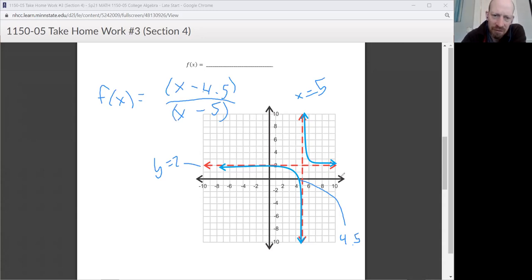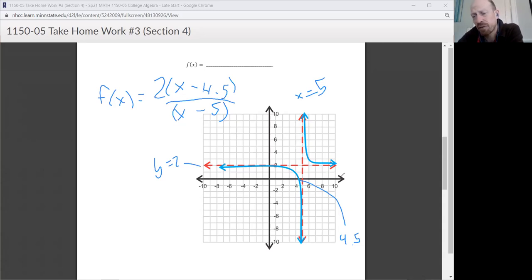That part gives me the right information for the vertical asymptote and the x-intercept, but it doesn't give me the right horizontal asymptote. This would have a horizontal asymptote of 1, but I want a horizontal asymptote of 2. So if I put a 2 in the numerator, that's going to make it fit together and give me the right function that I'm looking for.